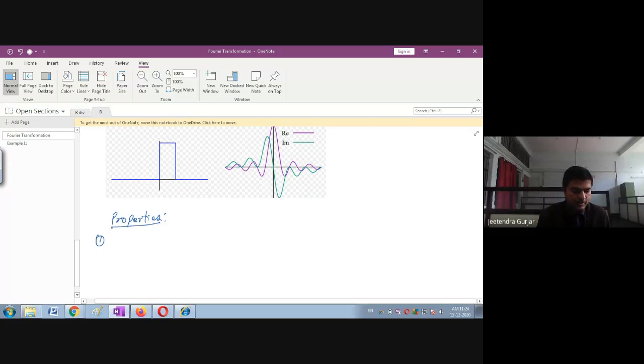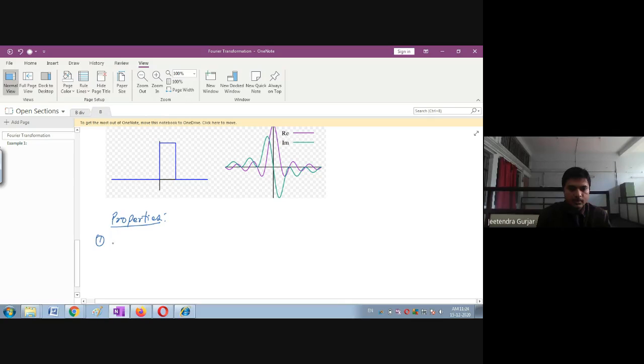This is a continuation of Fourier series actually. Fourier series is restricted to some fixed intervals, but here you can see it is not restricted, it is continuous, ranging from minus infinity to plus infinity.